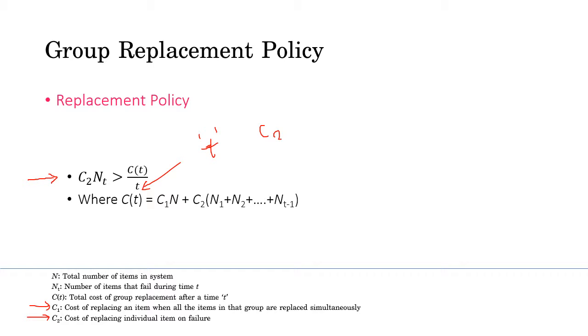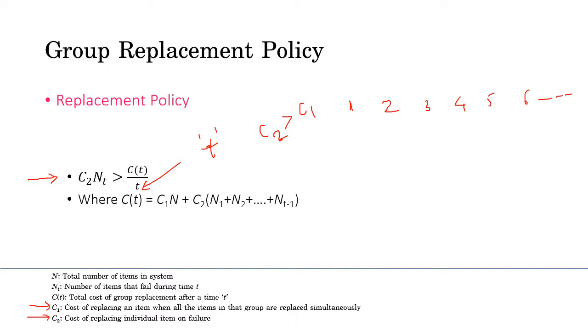Naturally C2 will be greater than C1, because when you are buying items in bulk, the supplier gives a discount. However, when you are buying a single item, you may have to pay a higher price. That's why C2 will most likely be greater than C1. So there is a trade-off here. Let's say the company is considering a replacement policy on a weekly basis: first week, second week, third week, fourth week, fifth week, sixth week, and so on.